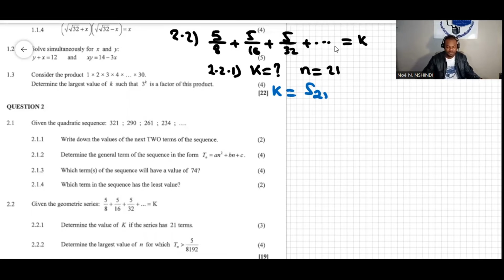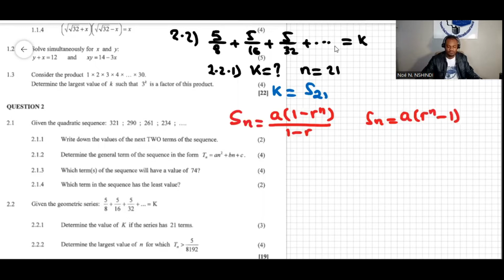up to 21 terms. Now we know that the sum Sn is given by a open brackets 1 minus r to the n close brackets over 1 minus r, or sometimes they write it like this: Sn is a r to the n minus 1 over r minus 1.